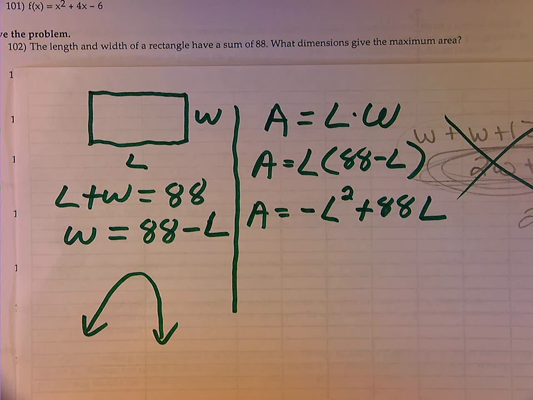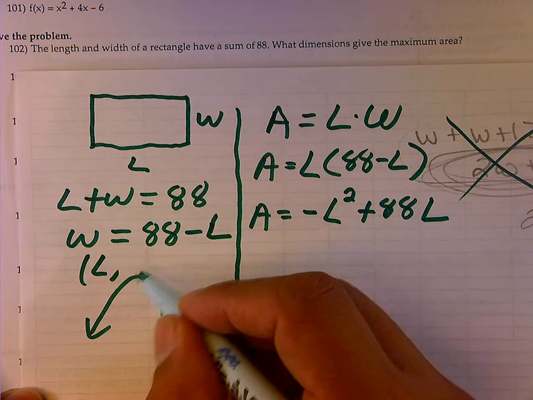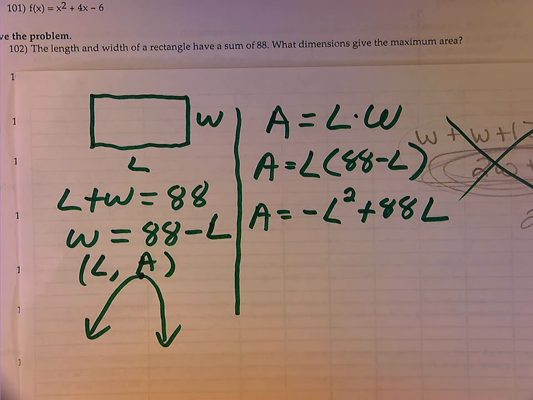But very important what every point on the parabola tells me. The input on the parabola is a length. The output is an area. If I find the vertex of this parabola, that vertex will be given at a length and an area that maximizes the parabola since it opens down.